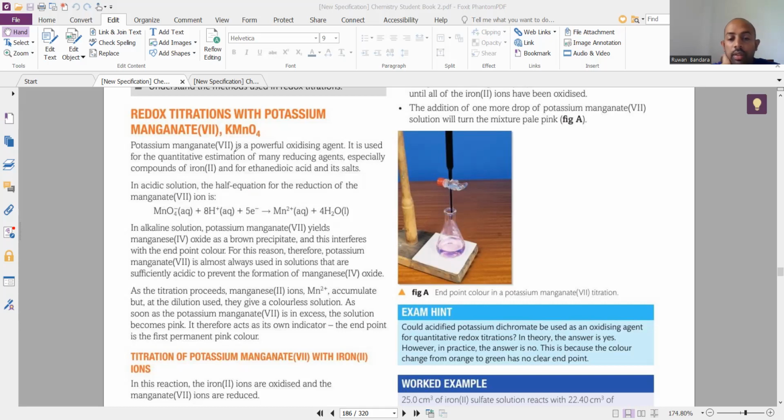Next point, as soon as the potassium manganate is in excess, the solution becomes pink.